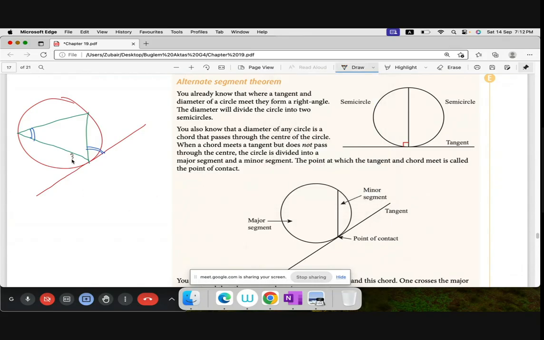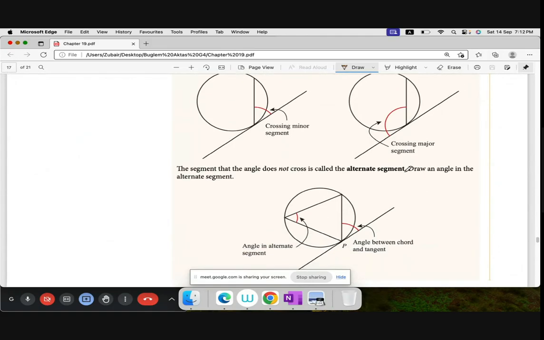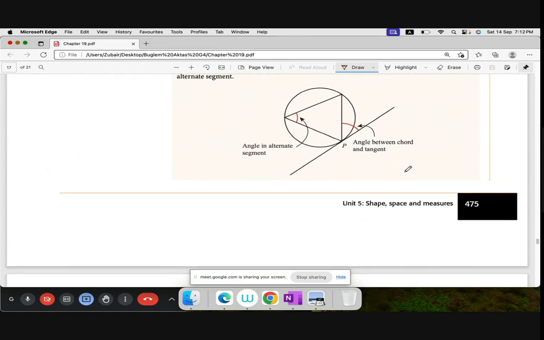And this angle is equal to this one. This is known as angle in alternate segment, whatever the shape of the triangle may be. See these two in red. Yes. Angle in alternate segment.